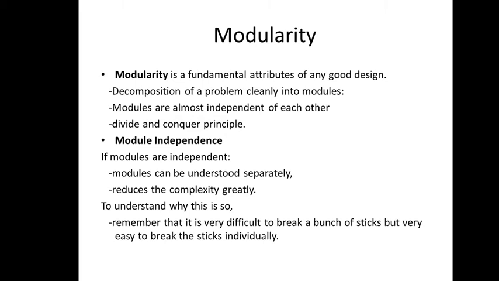So if the number of parameters is less, then it becomes easy. Just to understand M1, we just have to take care of one interface, understand M2 and then go back to M1. So it becomes easy. So modules can be understood separately.